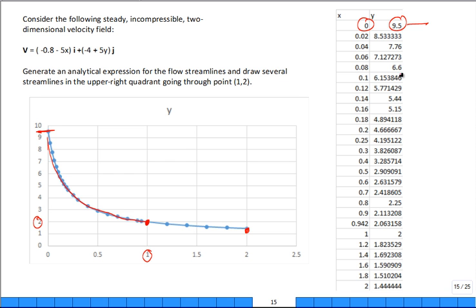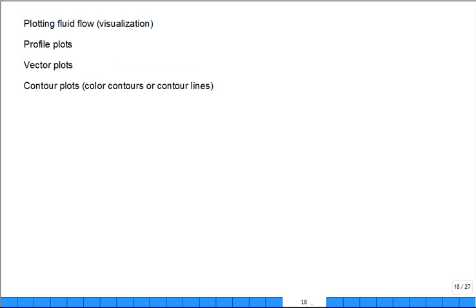So it's 9.5, and at 1 it's 2, and at 2 it's 1.4444. But what is that line called? Streamline through that point. It was very hard to get it analytically, believe me. It's hard.